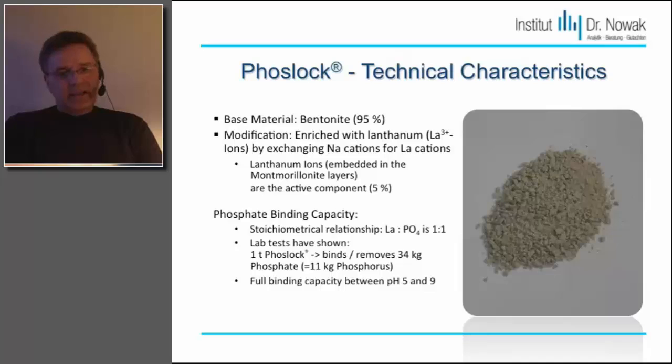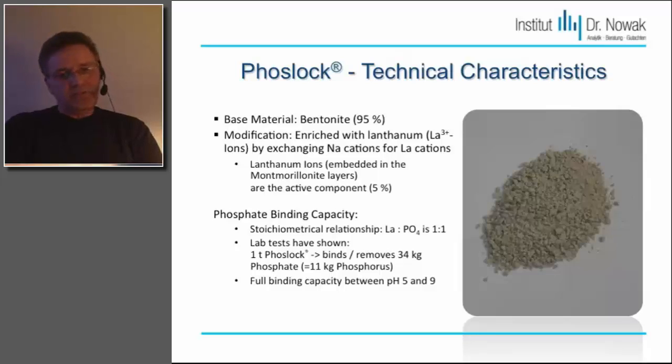And the binding characteristic of lanthanum is 1:1 against phosphate. 1 mole of lanthanum can bind 1 mole of phosphate. Our lab tests have shown that 1 ton of Phoslock can bind 11 kilograms of phosphorus. And it has, as I said before, a binding capacity within a wide pH range.